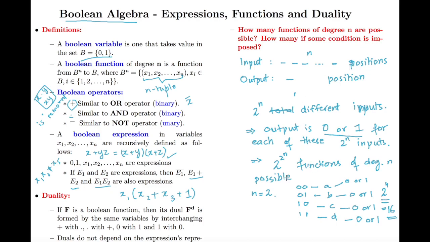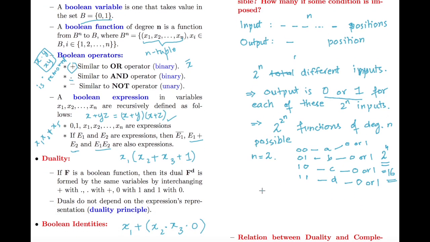But now let's say some condition is applied. Let's say that I have three variables, n is equal to 3, and my variables are x, y, and z, and my function is f. Now I'm told that f of x, y, z is equal to f of x bar, y bar, z bar.